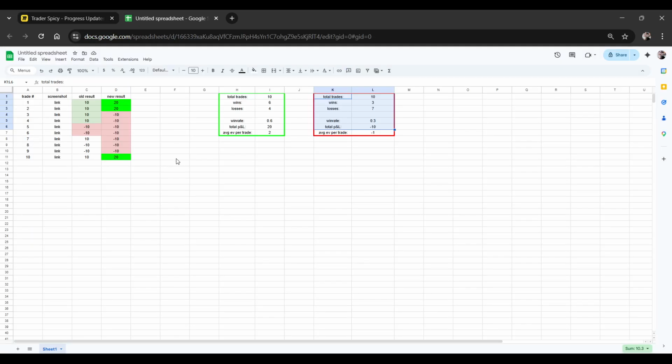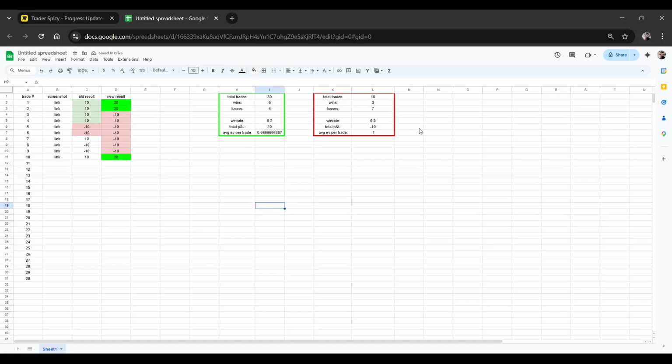Okay, so some things to keep in mind. The more sample size you have, the more reliable this data is, right? Because the lower the sample size, the less reliable it is.